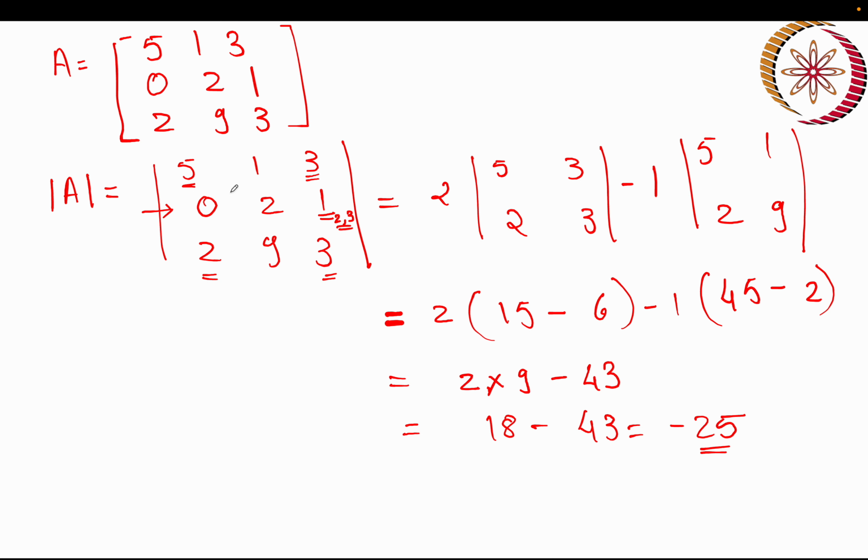And also you can try doing the row operations, and the determinant will not change, so that also you can try. Just do the row operations, and try to make as many zeros as possible in this matrix, and then see if that can simplify. Yep, that you can try.